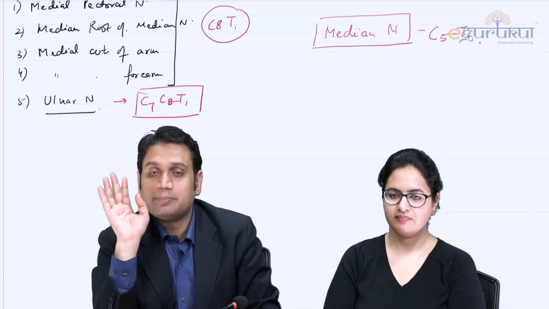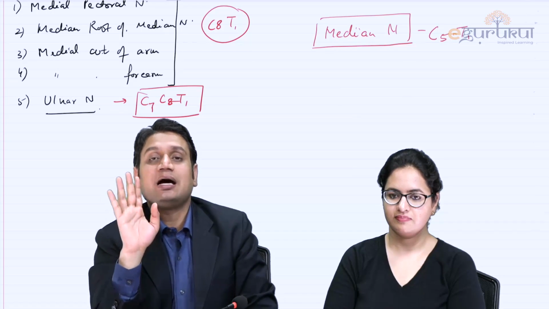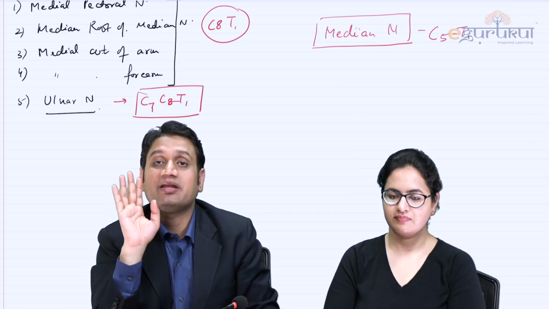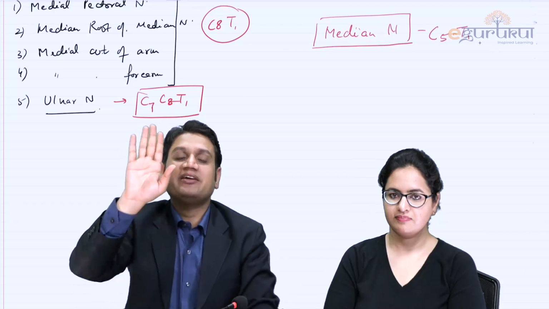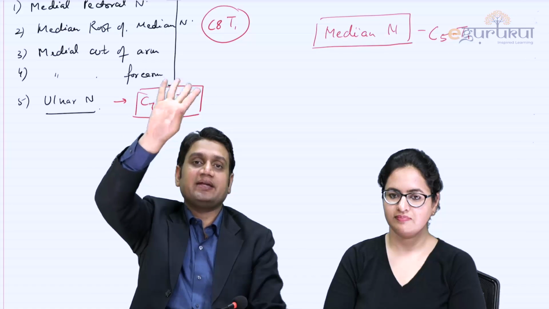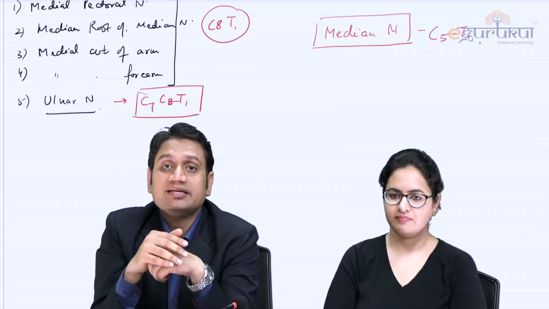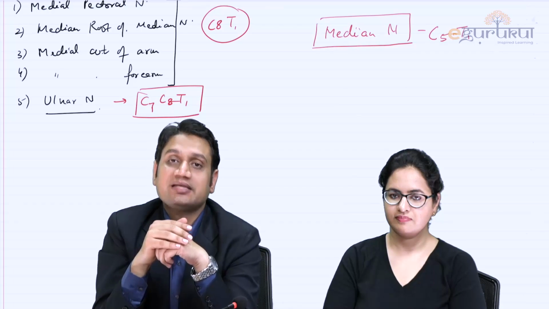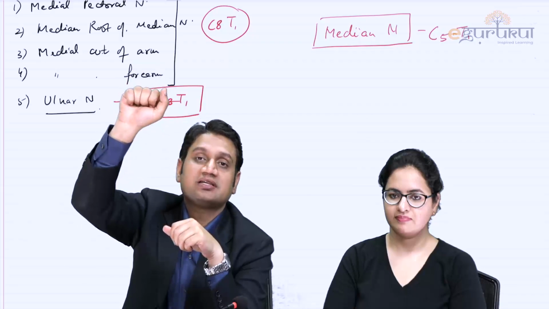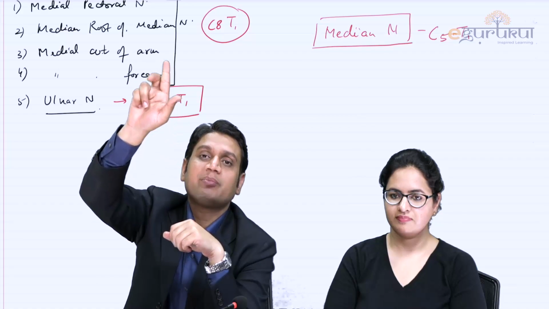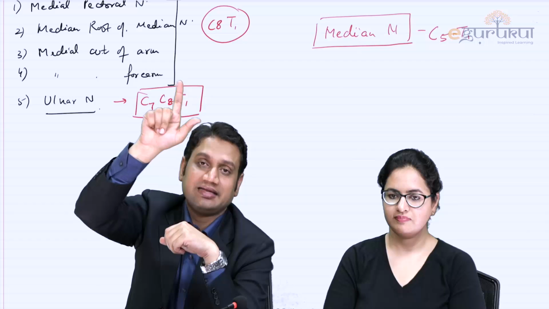Getting my point? The purpose of telling you all this is the clinical implications, the clinical manifestations. How? When FDP and FDS are paralyzed on this 3.5 finger side, the clinical implication that we see in median nerve palsy is what you call the pointing index sign. How? Ask the patient to clench a fist and these two actually remain extended, classically described as the pointing index sign, like this.